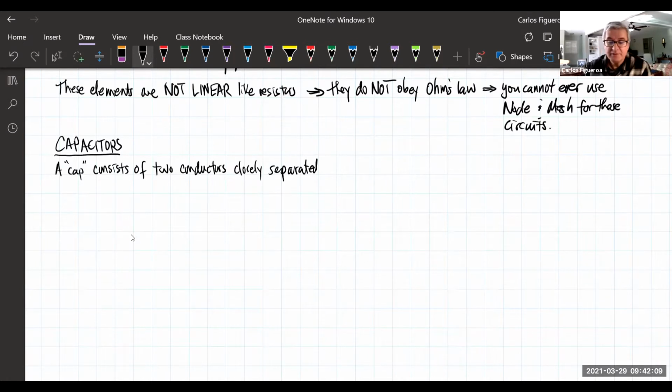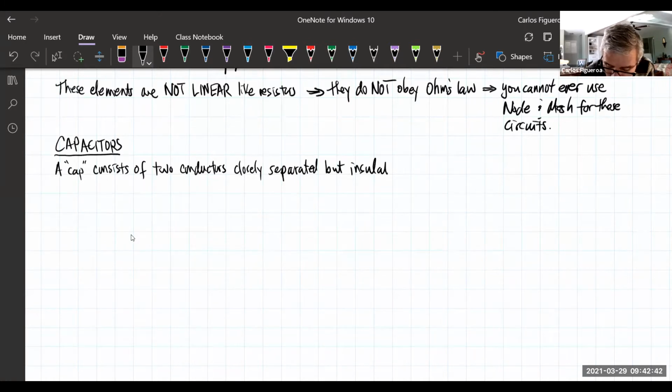That means they don't have to be parallel plates. You could look at some of these high capacitor values where they have very complicated surfaces, but they're very, very close. The reason they have to be close is because you want to cause induction from one plate to the next. That's the main reason.